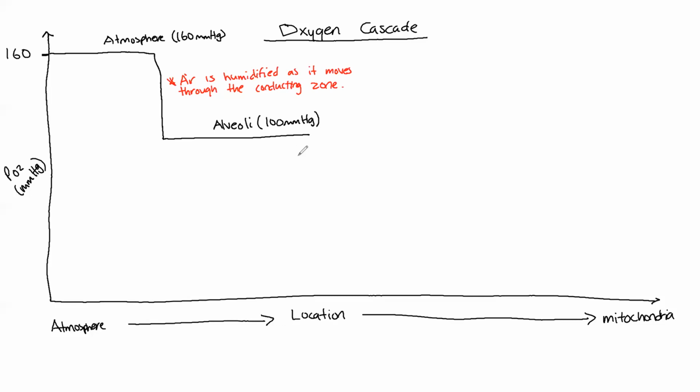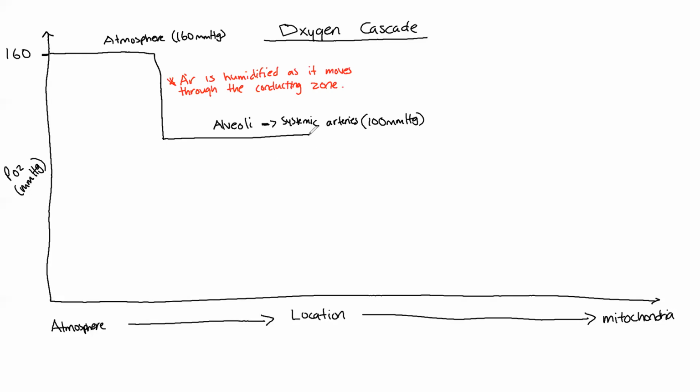Okay. So from the alveoli all the way to the systemic arteries, the partial pressure remains at 100 millimeters of mercury. So let's actually put that in here. From the alveoli all the way to our systemic arteries, we have that 100 millimeters of mercury.